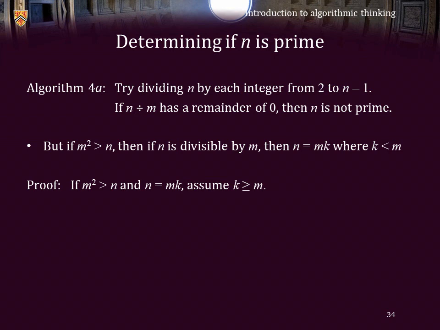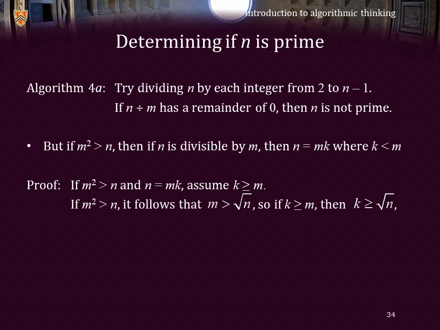If m squared is greater than n and n is equal to m times k, then assume that k is greater than or equal to m. But wait a second. If m squared is greater than n, it follows that m is greater than the square root of n. Thus, if k is greater than or equal to m, then k is greater than or equal to the square root of n.